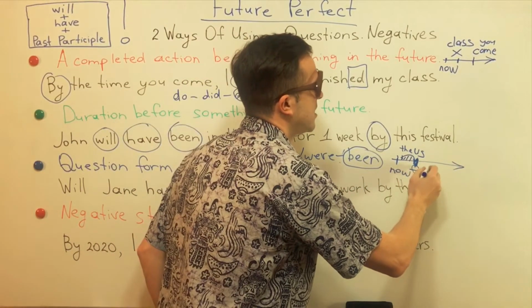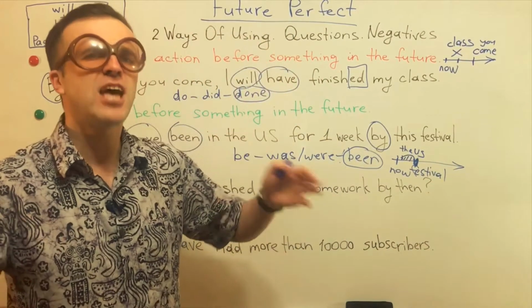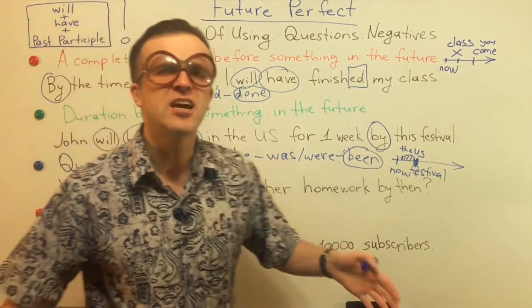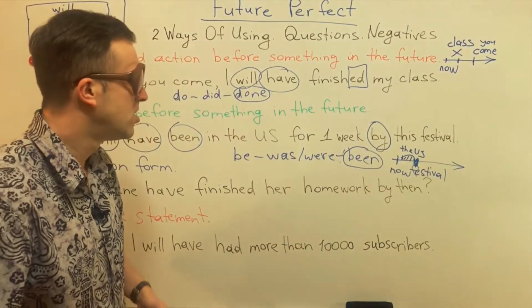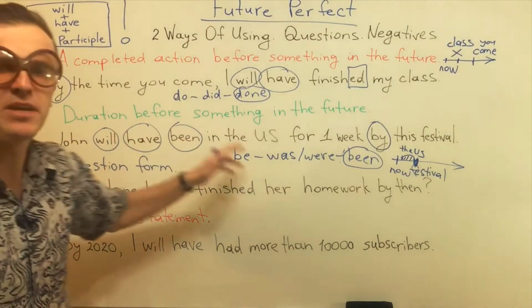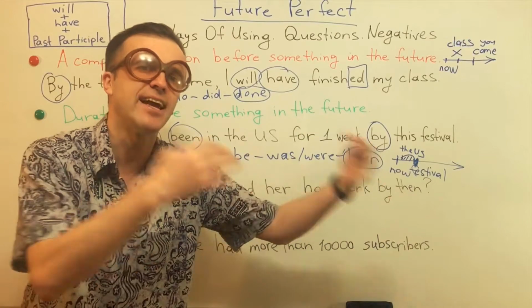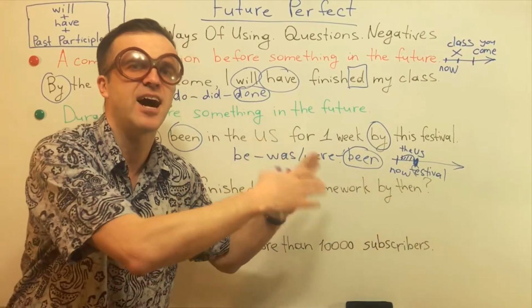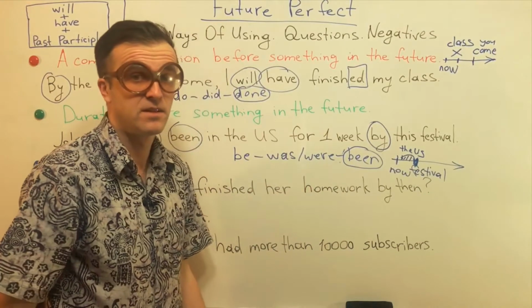But John decided to make a festival for himself. He decided to go to the US in advance. So that's why John will have been in the US. He will have lived in the US. He will have stayed in the US by the time the festival starts, or by the festival.